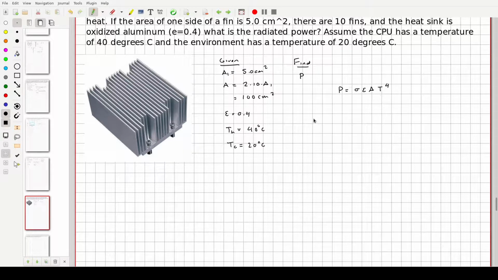The difference in power, which I'll call P average here, is the hot stuff minus the cold stuff: sigma epsilon A T sub H to the fourth minus sigma epsilon A T sub C to the fourth, or just sigma epsilon A times (TH to the fourth minus TC to the fourth).